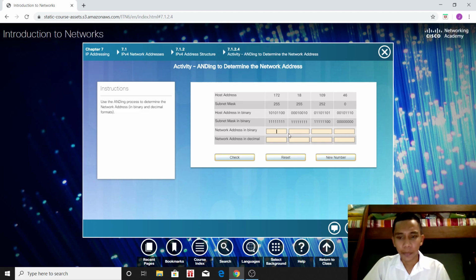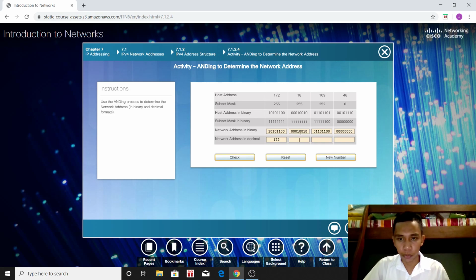Another one is 10101100, 00010010, 01101100, then 00000000. So 128 plus 32 plus 8 plus 4 is 172.